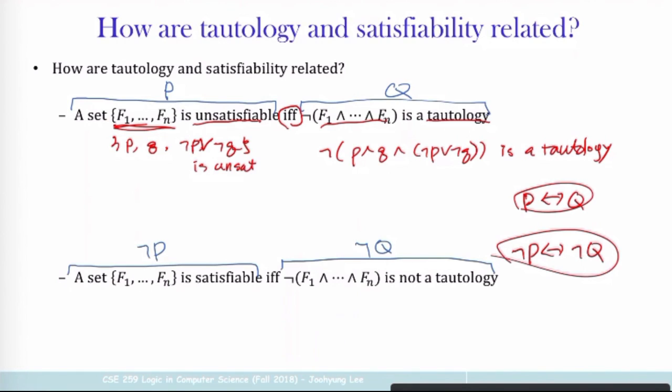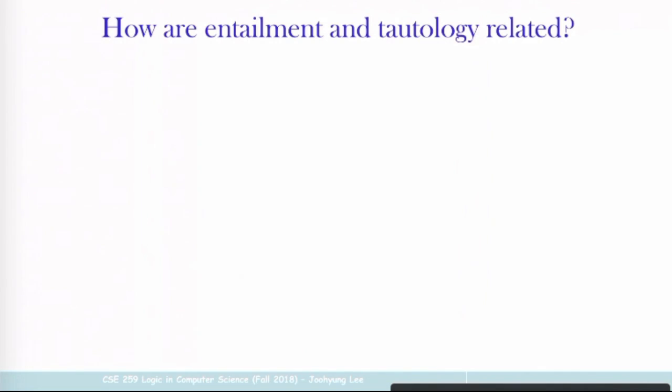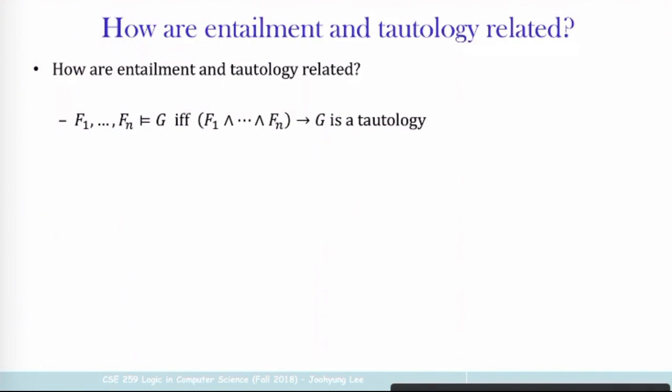Okay? All right. The next one is how entailment and tautology are related. Somebody actually asked the question, and I also posted the response on Piazza. So this is an answer. When you say entailment, it means if you find any interpretation that satisfies these formulas, the interpretation must satisfy this formula as well.